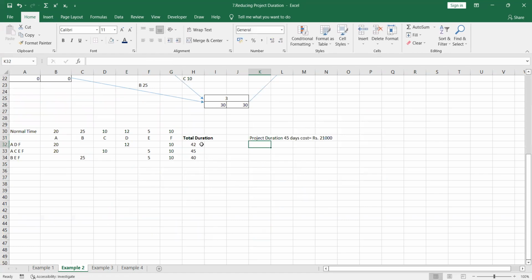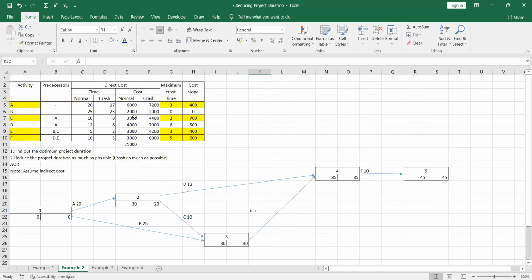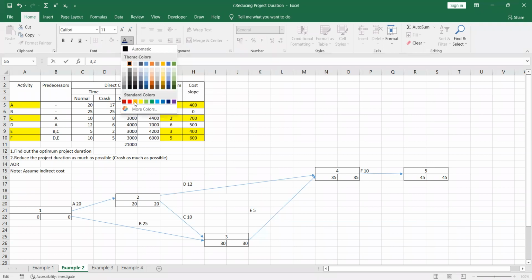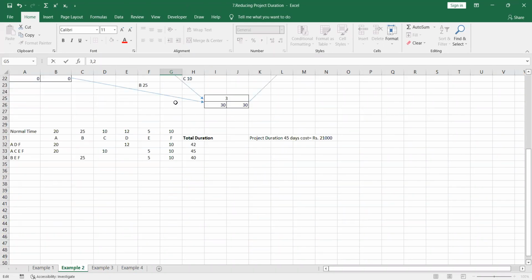Right? So we have now decided to crash activity A by 1 day. That means you have to cross this 3 and make it 2. So we are going to crash activity A by 1 day, which means it should be 19 here.